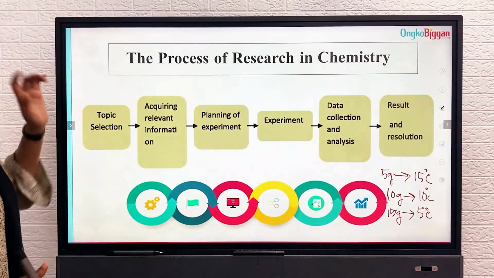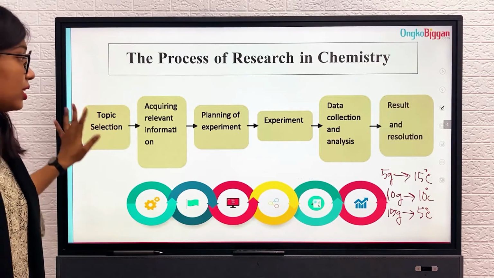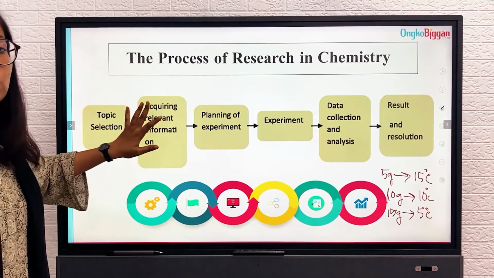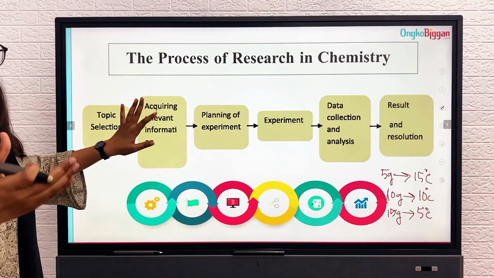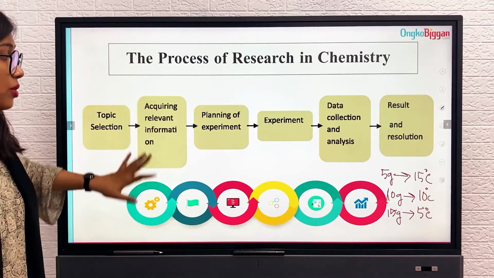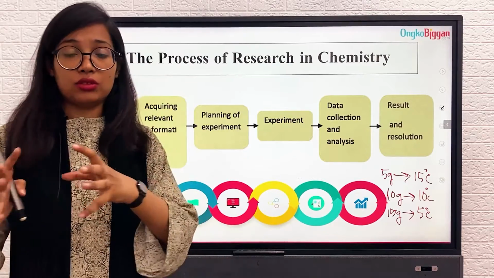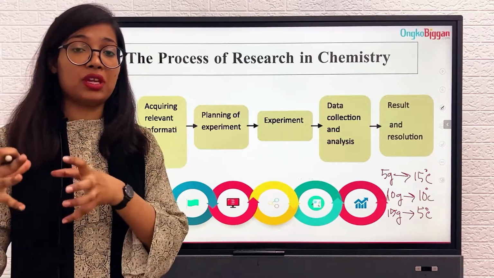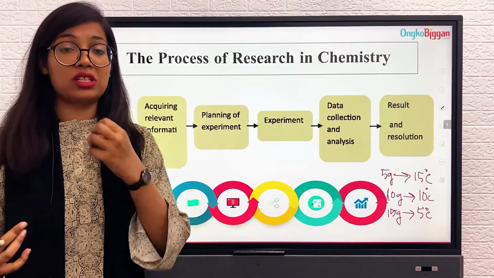The first procedure is topic selection. You must be very specific about topic selection. Then you need to acquire the relevant information, which is taken before conducting the actual experiment. Then we have to plan how we're going to conduct the experiment. Obviously, there should be several steps. Only doing one or two steps won't provide you the precise or clear result.